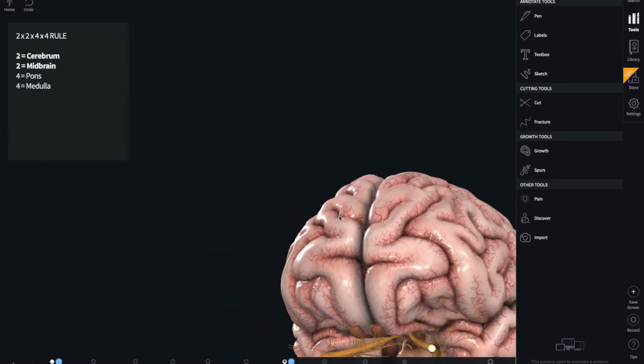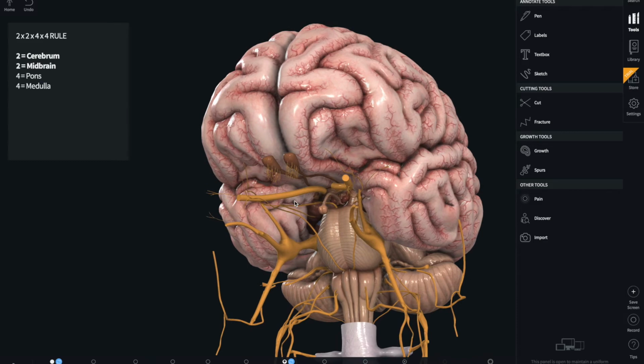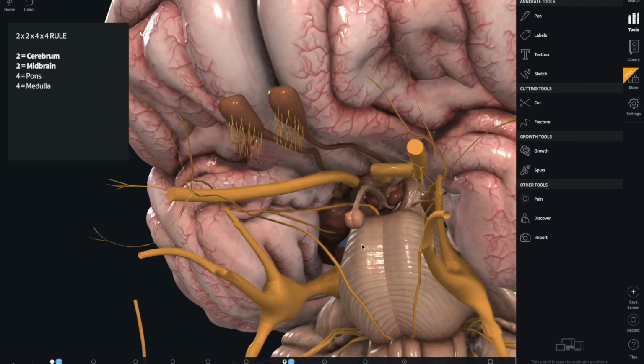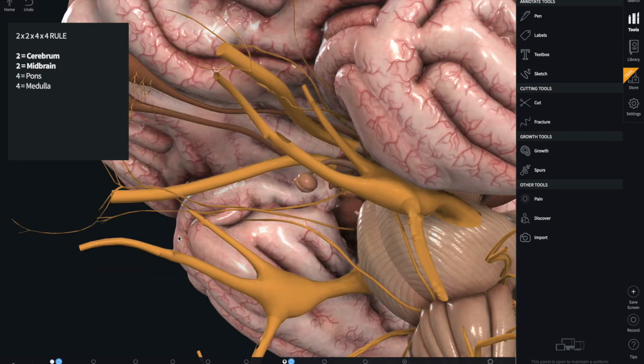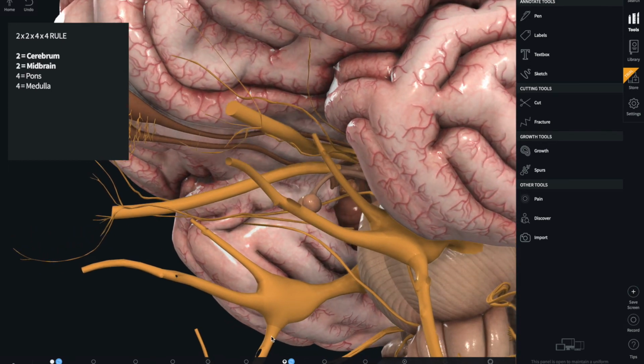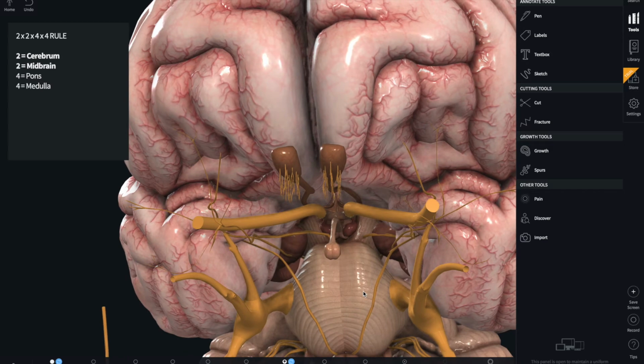Just moving back. Those 3 divisions that we can see are the ophthalmic division, being the first one, the second division being the maxillary, and the third one being the mandibular. So that would be my trigeminal nerve, cranial nerve number 5 on each side.